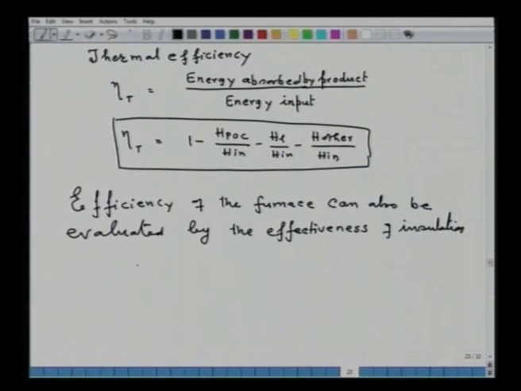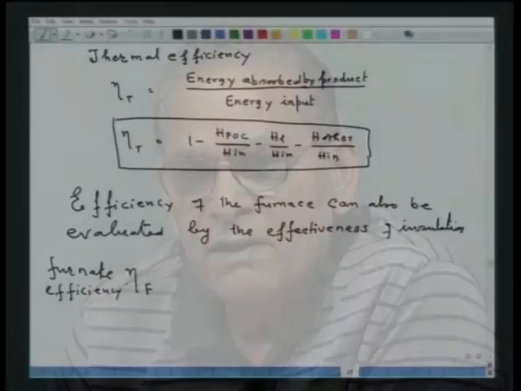This is called the furnace efficiency. This particular parameter evaluates how effective the insulation is in retaining the heat in the furnace.